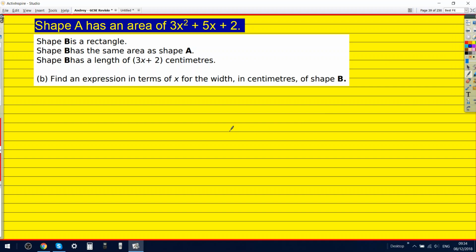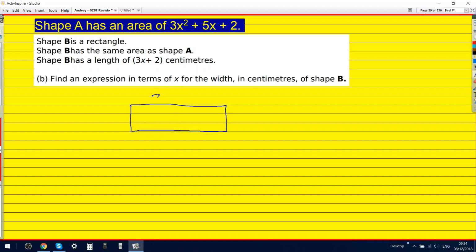Any idea about this one? So do I need to draw the shape here to make it easier? Yeah, if you like. So you have a rectangle.